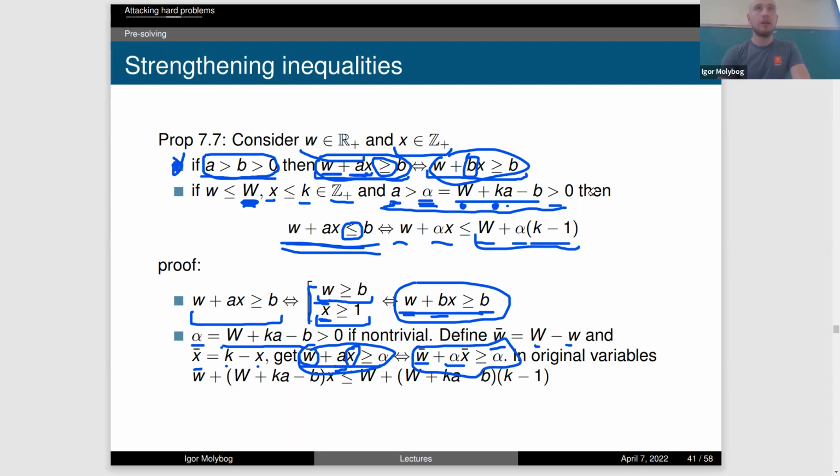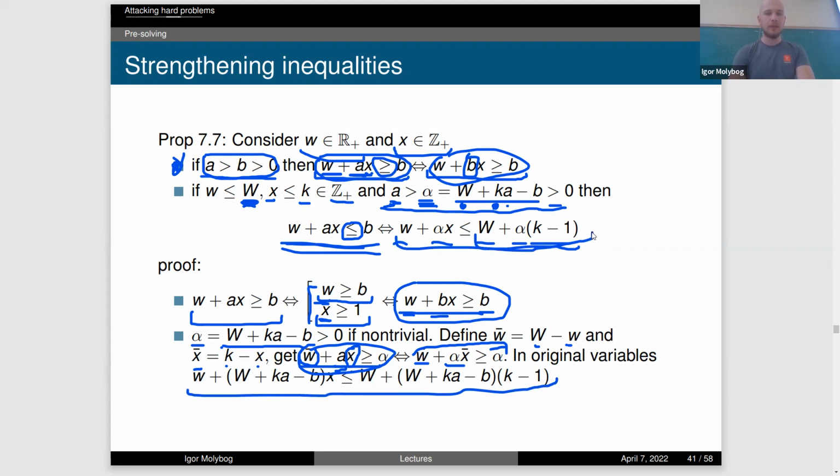Is it clear? Variables, we will get this expression, which is equivalent to this expression over here.